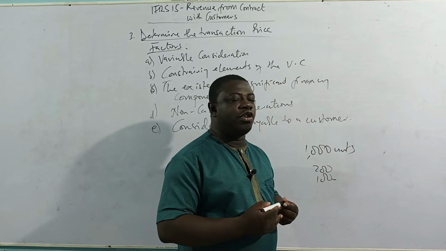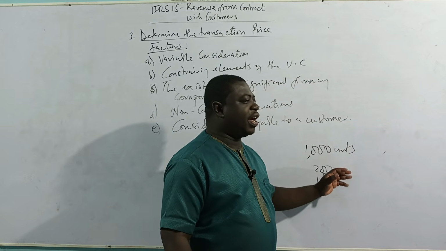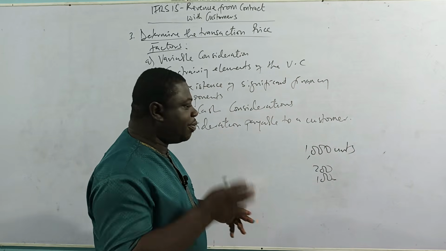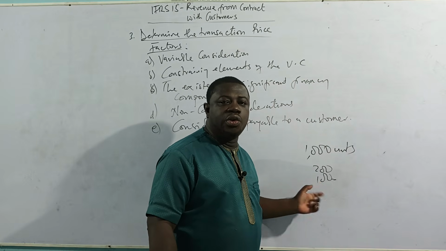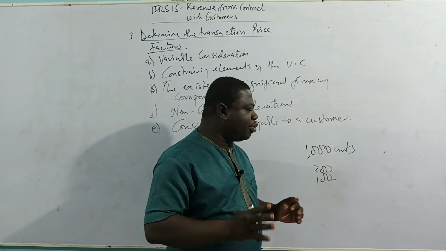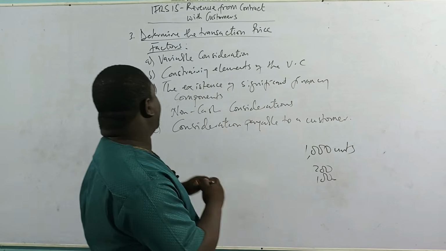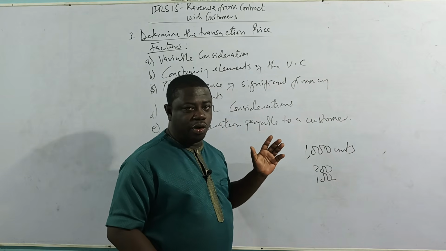So it is very difficult to set the transaction price for a contract that has variable consideration. So what it means is that the consideration itself can vary depending on how many units of the goods will be returned. Okay, so that is just an example, and these things become constraints. So the constraining elements are related to the determination of the variable consideration.